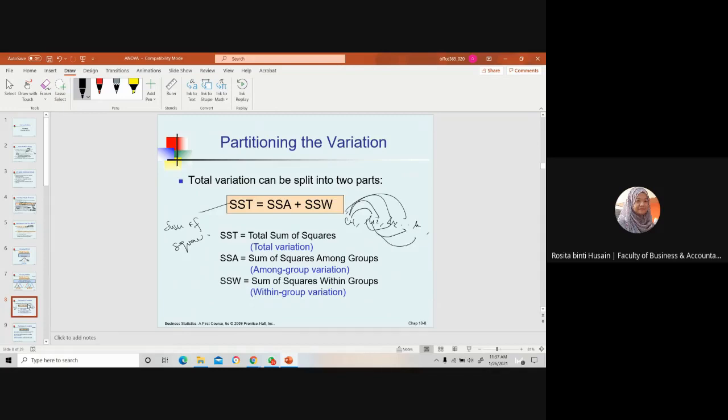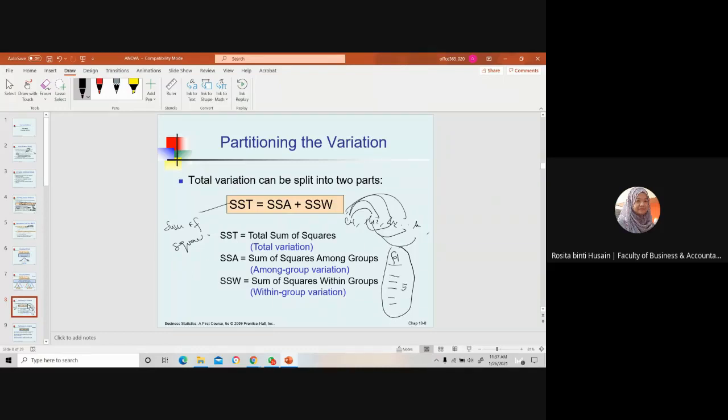So within group, the test is on the variation within the group. Example, group 1, or sample 1. How many items? Let's say you have 5 items here.